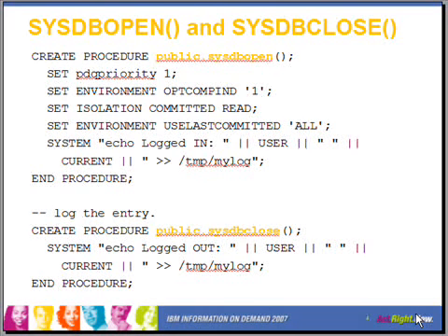If you have foo.sysdbopen, when user foo accesses a database, then foo.sysdbopen will be executed instead of the public.sysdbopen. Similarly, when the user disconnects from the database or closes the database using the CLOSE DATABASE command, we execute the public.sysdbclose or a user.sysdbclose if one exists.